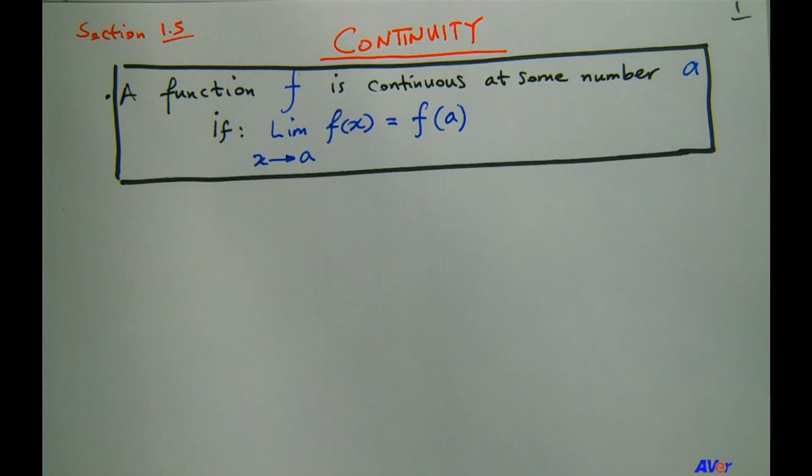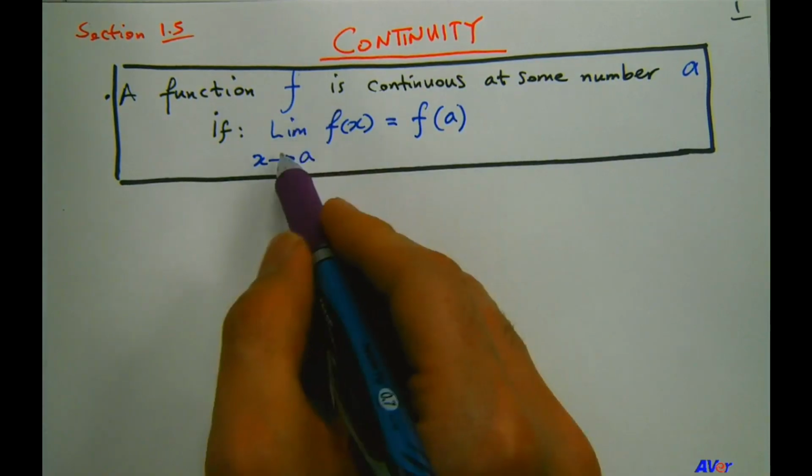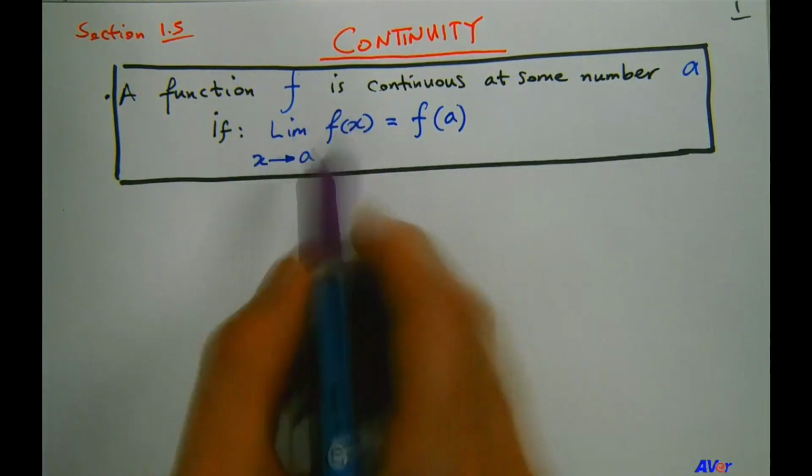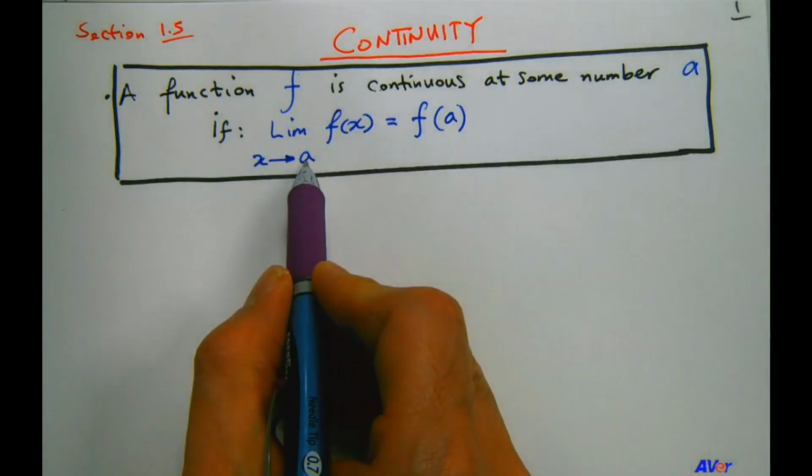It says a function f is continuous at some number a, being some point along the x-axis, if the limit of the function as x approaches a is equal to the value of the function at a. What you see on the left is the limit of the function as x approaches a.